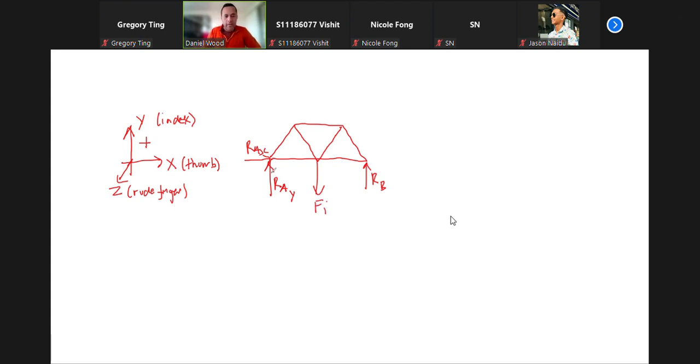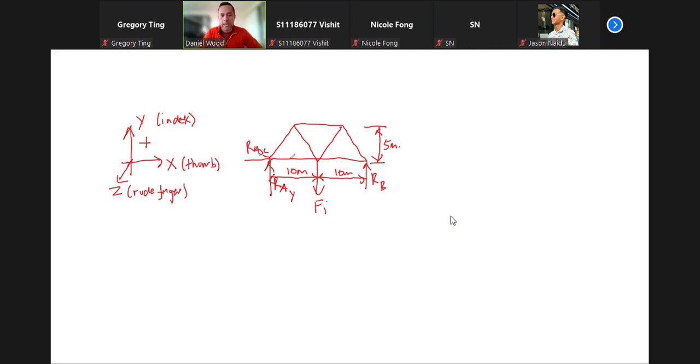You will also have dimensions. Okay, so you might have 10 meters, 10 meters, 5 meters. You'll have dimensions on there as well. Now, everything that you have in a free body diagram should be able to allow you to perform the calculations.